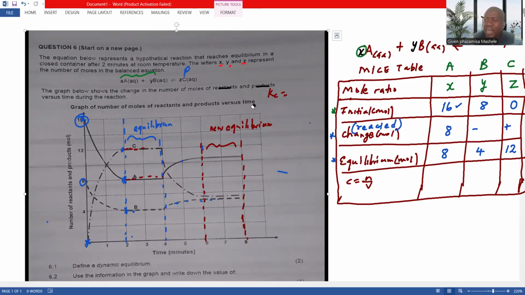So it shows that under the reactants, we usually decrease because the reactants get used up and the products are formed. But in the product, Z initially started with 0 moles, but now Z increased by how much? Obviously, it will be 12. And for B, the answer will be 4.